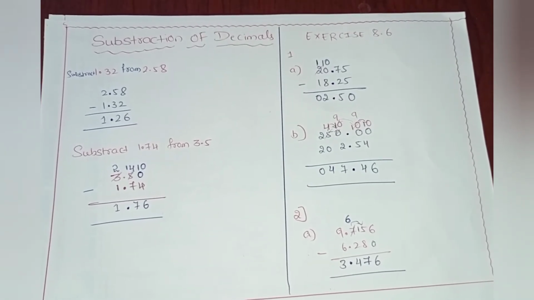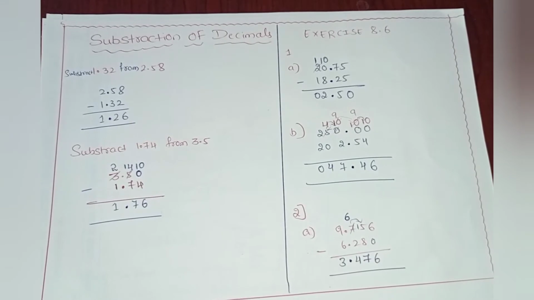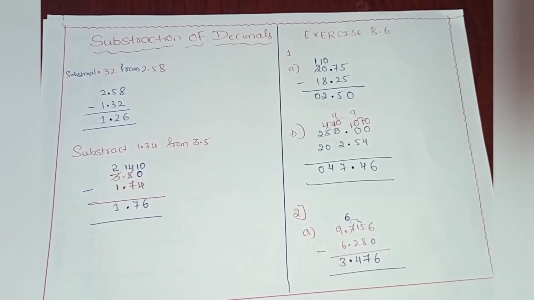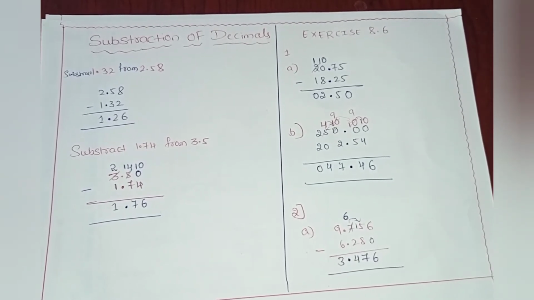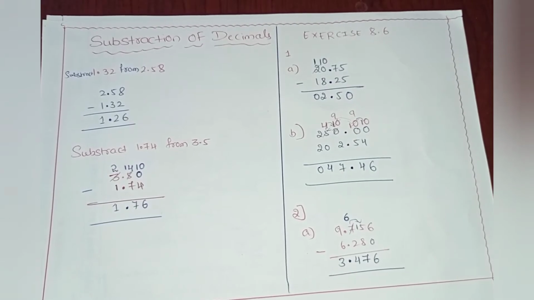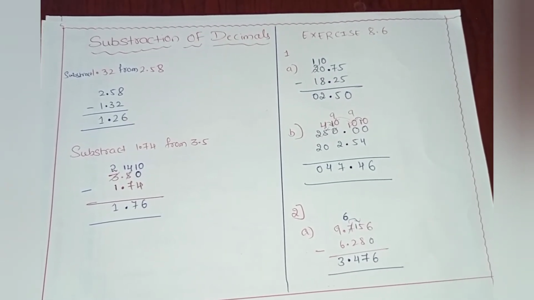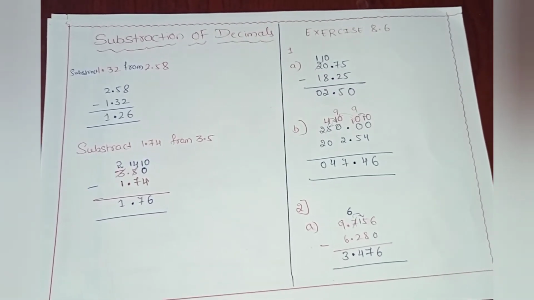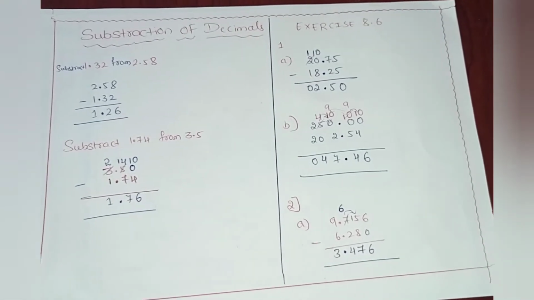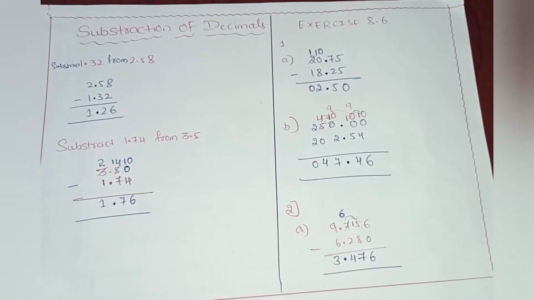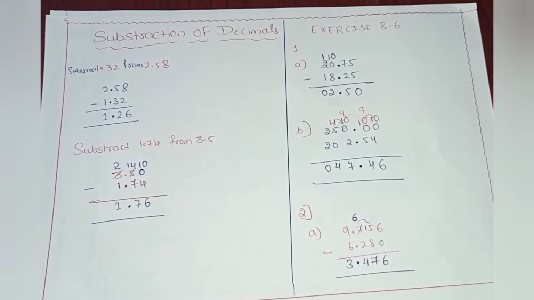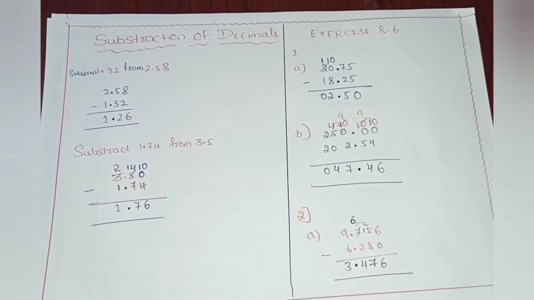After that, how to convert millimeter to centimeter? We divide by 10 or multiply by 1 by 10, or 0.1. 1 by 10 is nothing but 0.1, right, children? Next one, how to represent a decimal number on a number line.